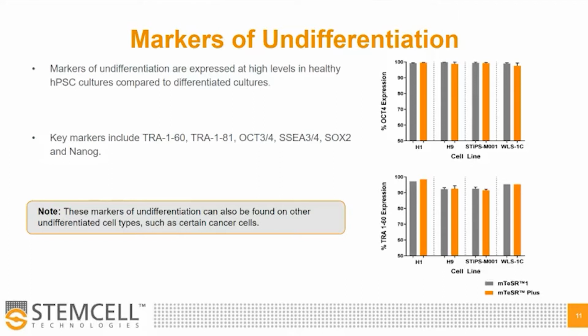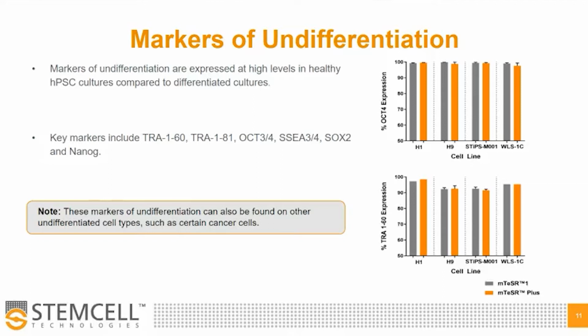Pluripotency is a functional description of the cells and can only be shown by differentiation. The graphs on the right compare relative marker expression of OCT4 and Tra160 across different ES and iPS cell lines when cultured in mTeSR1 and mTeSR Plus. Marker expression is very comparable in both media.